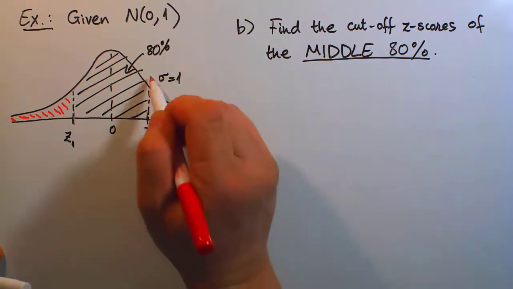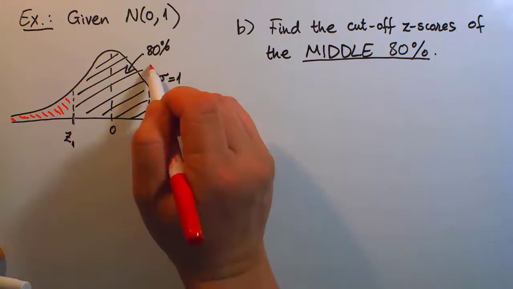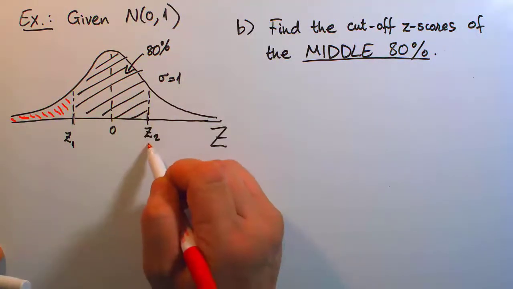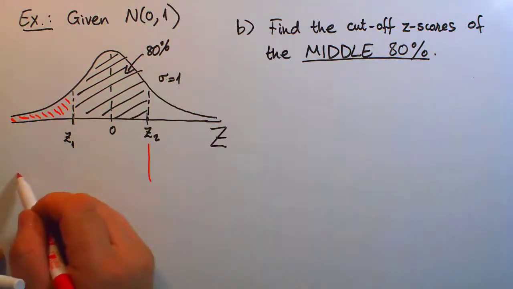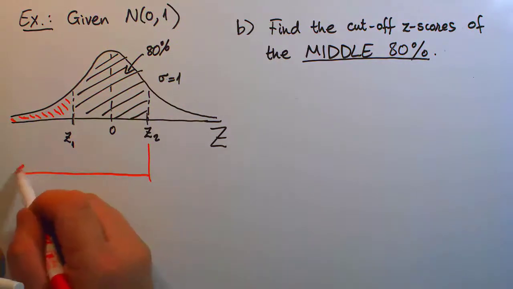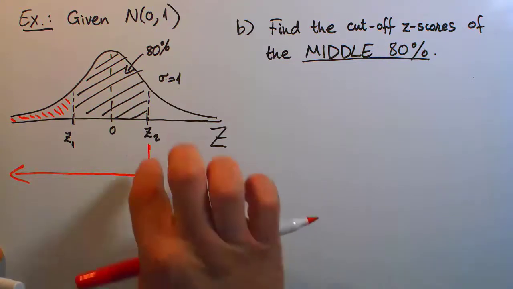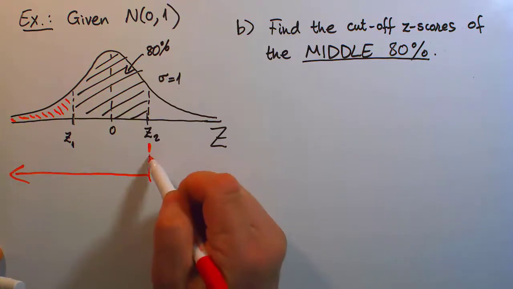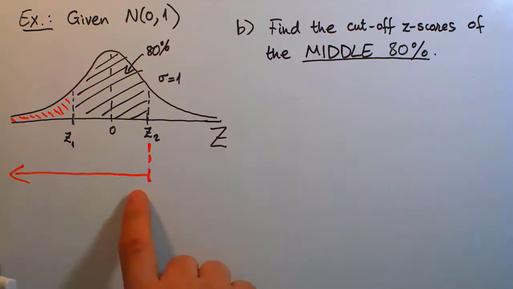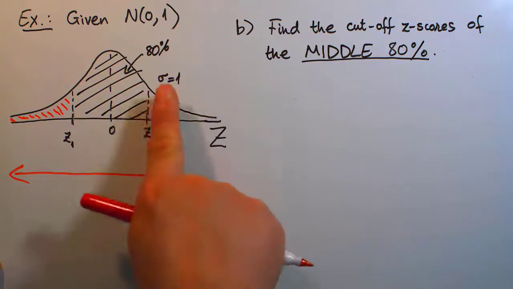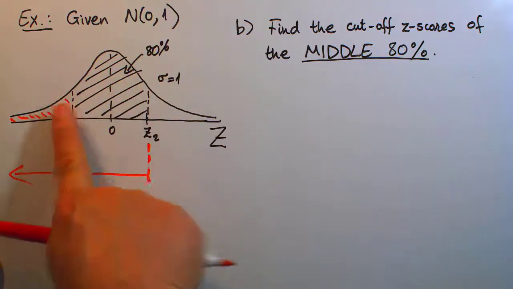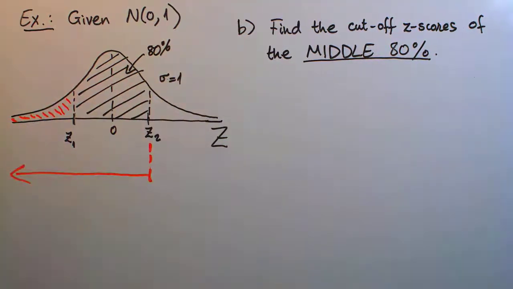Or from where z2 is, there will also be a left area shaded to the left-hand side. I don't want to interfere with the picture in black right here, but now I'm going to draw an arrow indicating cumulatively from where z2 is. Cumulatively from where z2 is, we can also have another left area completely shaded inside the curve all the way to the left. So any z-score has an area to the left cumulatively.